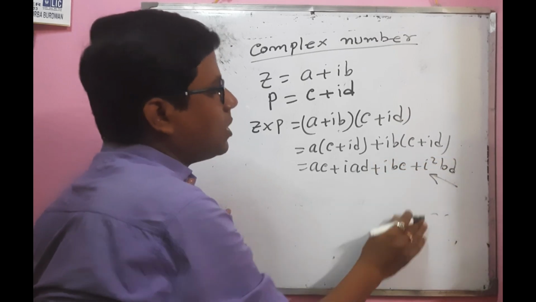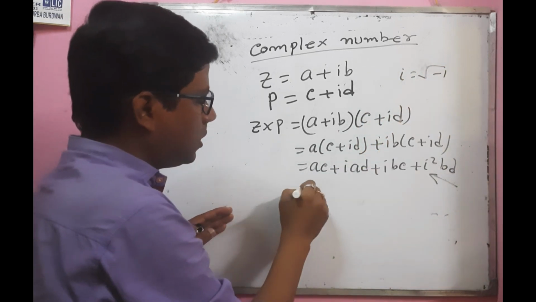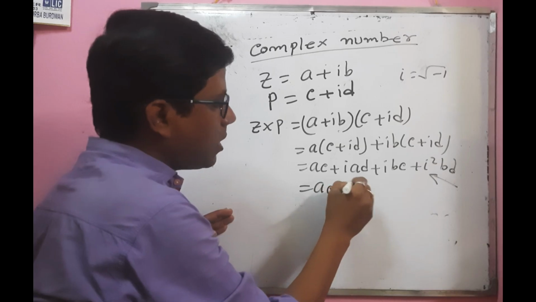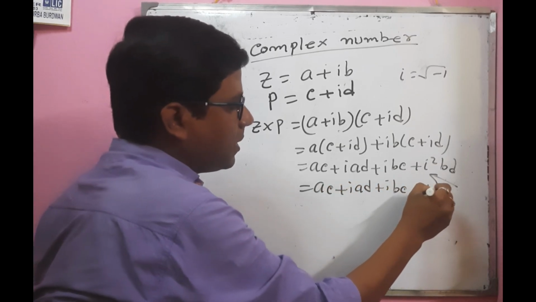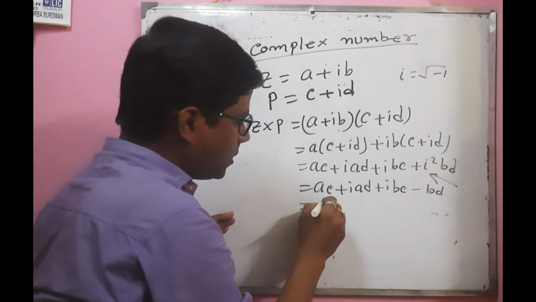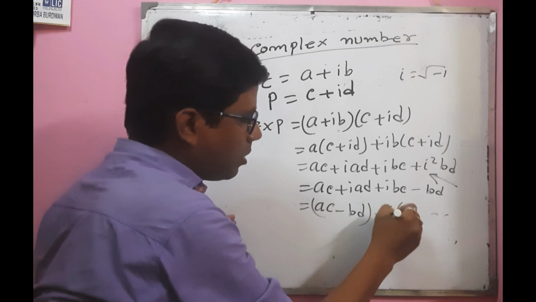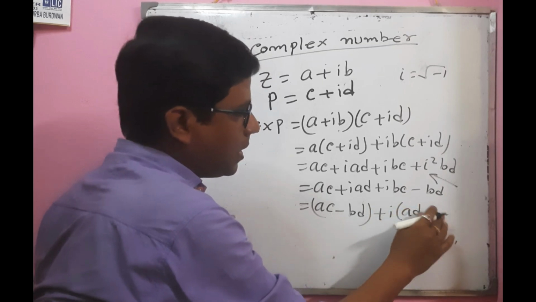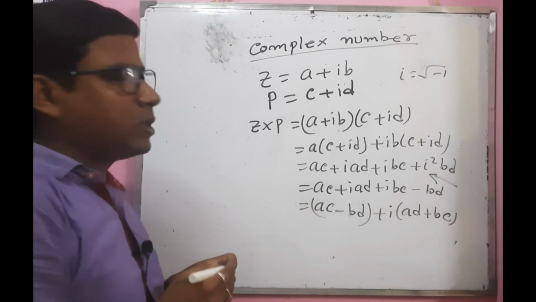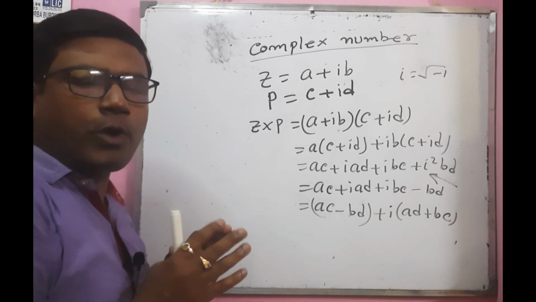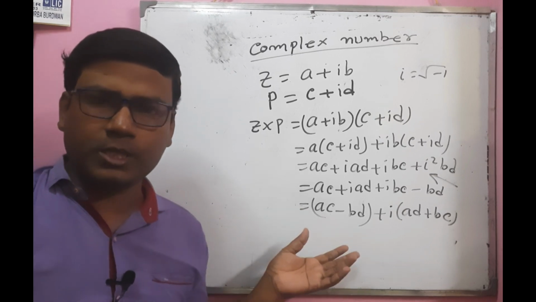We know that i square is equal to minus 1, since i is equal to root under minus 1. That is AC plus i of AD plus i of BC minus BD. Now (AC minus BD) and i times (AD plus BC). This is the product of any two complex numbers. This is the primary idea about the complex number.